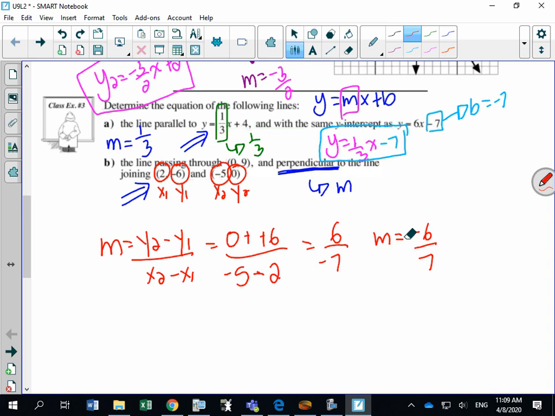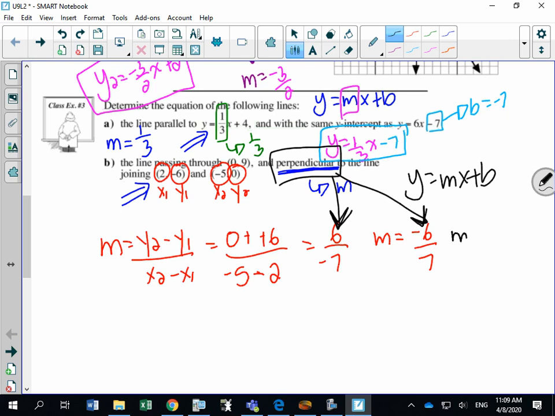Now, they want the equation of a line. So let's write the equation of a line. y is equal to mx plus b. And they want the slope to be perpendicular to this. If the slope is negative 6 over 7, what's perpendicular to that?